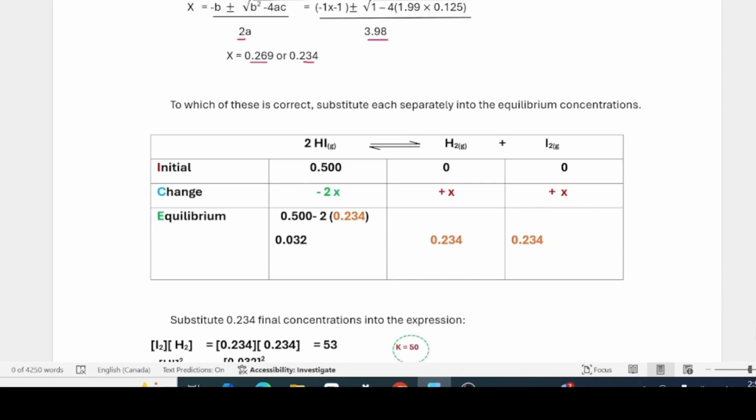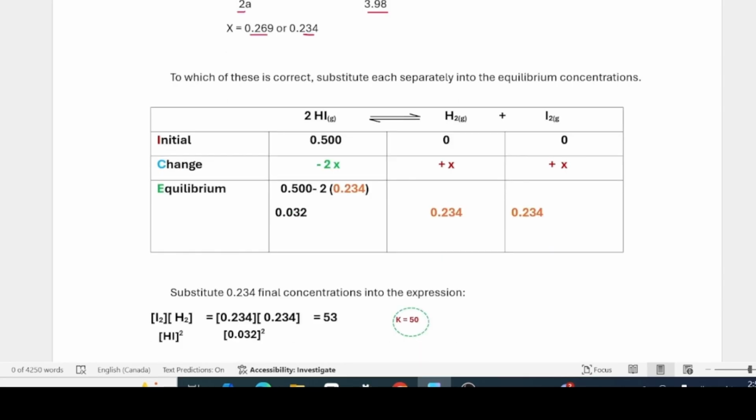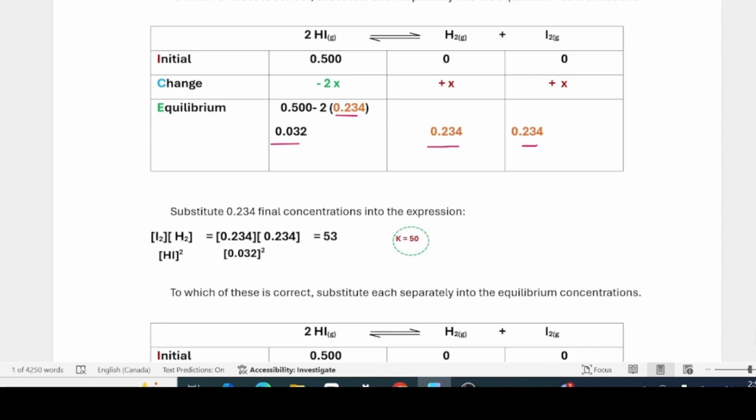Our next job is to substitute either of these one at a time into the equilibrium concentrations and see what it turns out to be. So using that, we'll end up with this value here for hydrogen iodide, that for hydrogen, and that for iodine. Putting these into the expression, we end up with 53. But K is equal to 50.